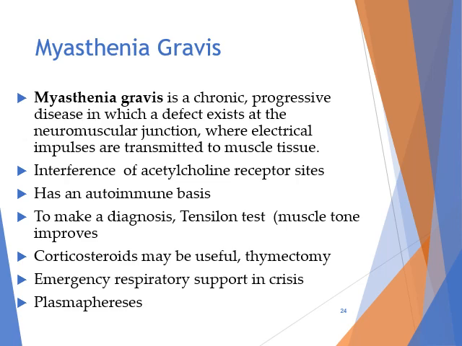All right. Corticosteroids can be useful. Emergency respiratory support in a crisis. So there is something called a myasthenic and cholinergic crisis. It presents with sudden extreme weakness and respiratory impairment. So got to catch that right away and get them help.